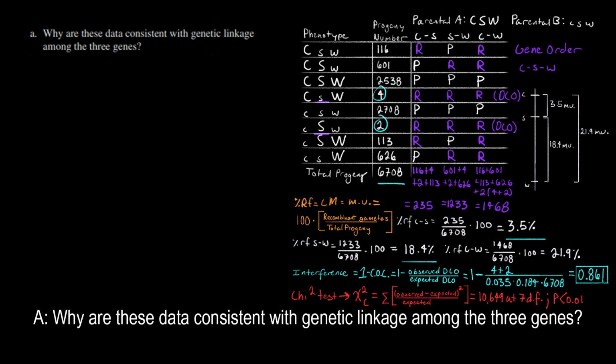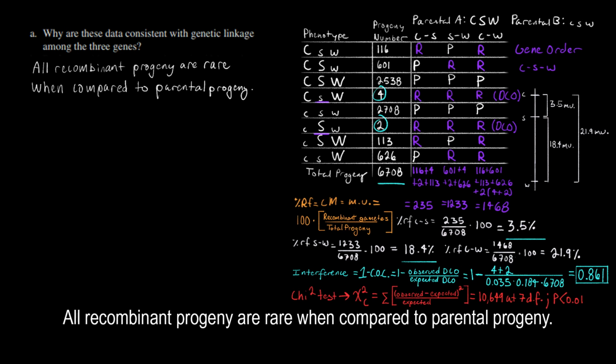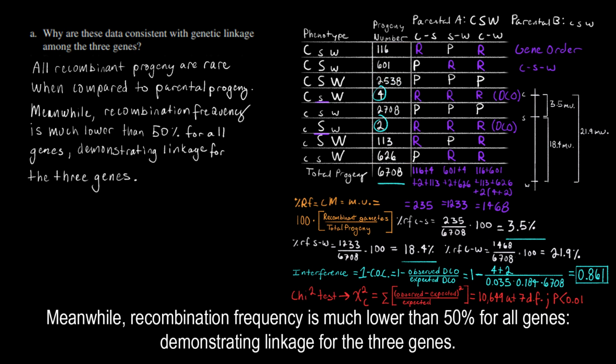A. Why are these data consistent with genetic linkage among the 3 genes? All recombinant progeny are rare when compared to parental progeny. Meanwhile, recombination frequency is much lower than 50% for all genes, demonstrating linkage for the 3 genes.